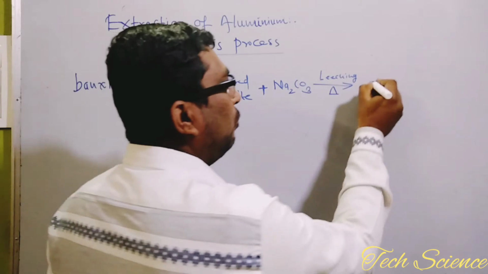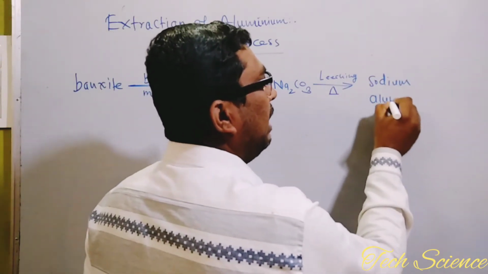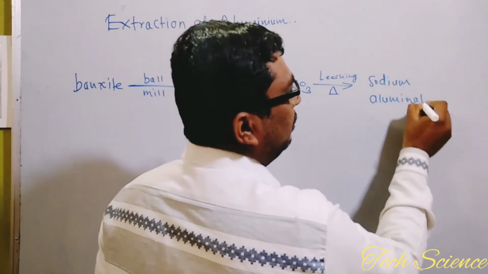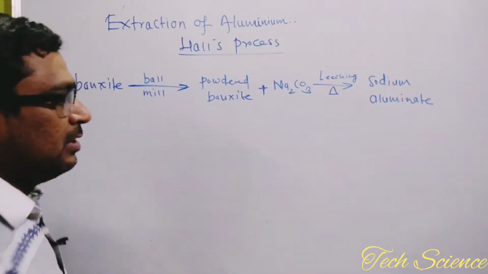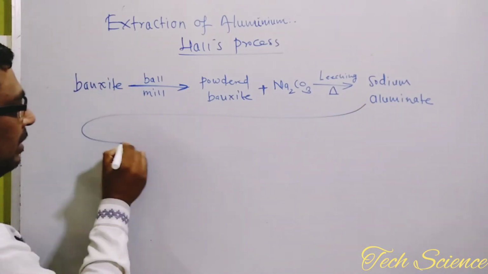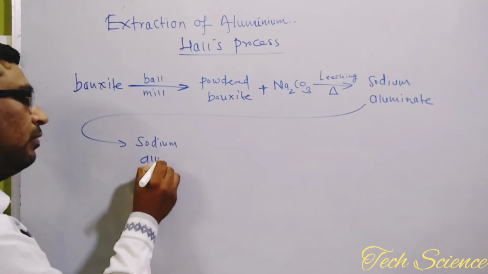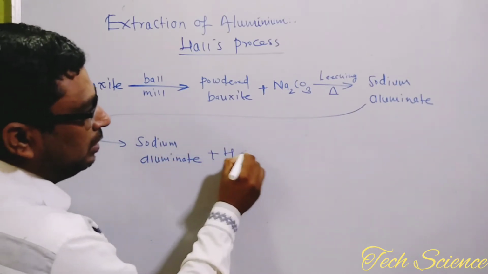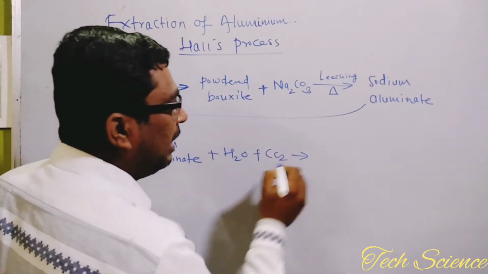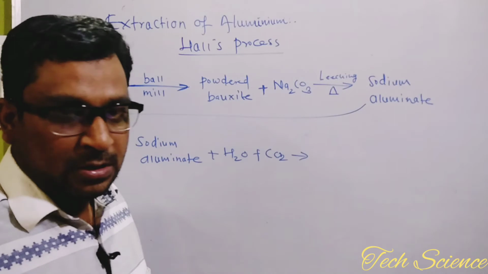And here the final output is called sodium aluminate. This is the first step in the case of Hall's process. Now take out the sodium aluminate, and next warm it with water and pass carbon dioxide gas through this solution along with the water. Now what happened here?